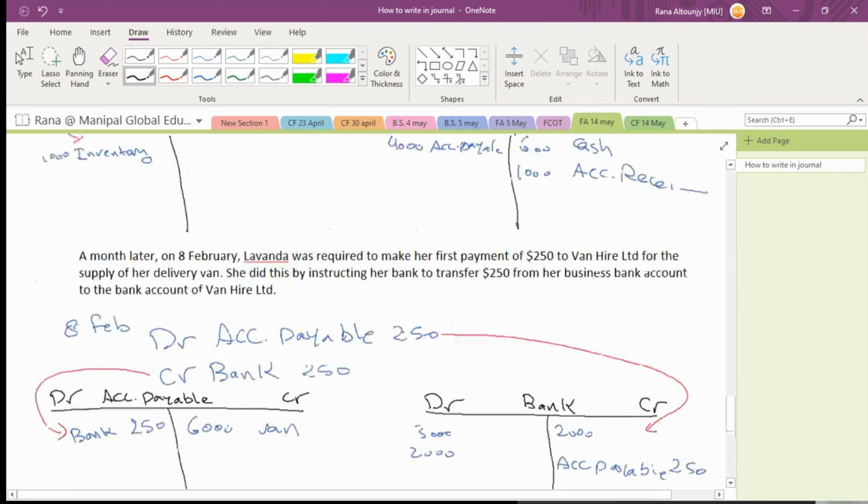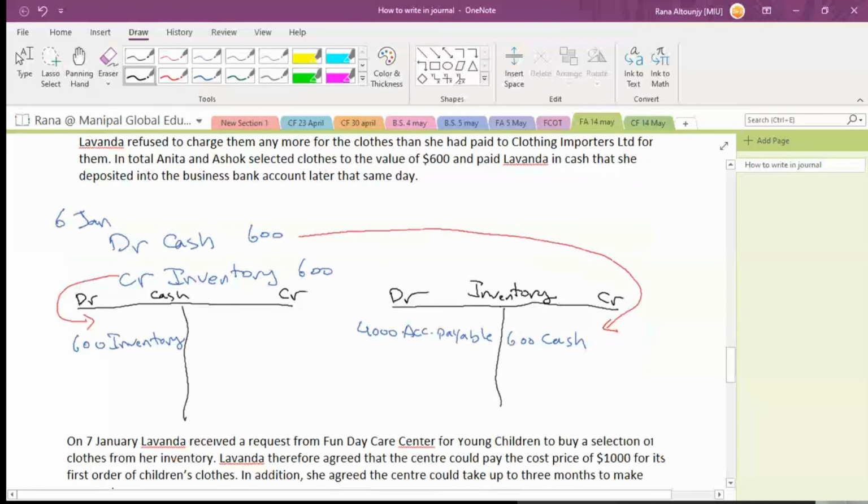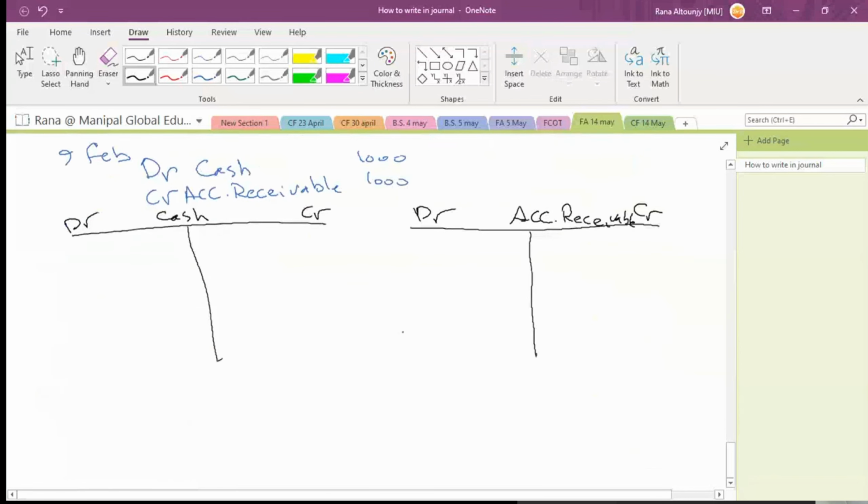So the cash, we already have some transaction in cash earlier, which was 600 inventory. So let's transfer this transaction, the cash, in the debit side. Then we transfer the other side of the transaction, the debit side of the cash, which we put that 1,000, which is account receivable.